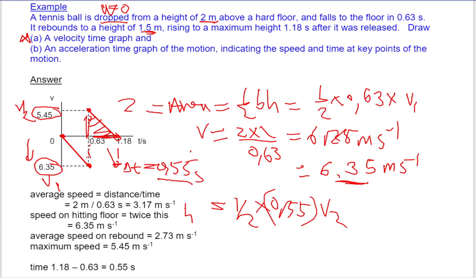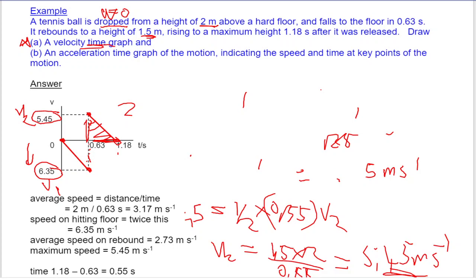Now in order for you to get the acceleration time graph, I did not include the acceleration time graph, so I'm going to draw it. The acceleration time graph is the gradient of the velocity time graph.